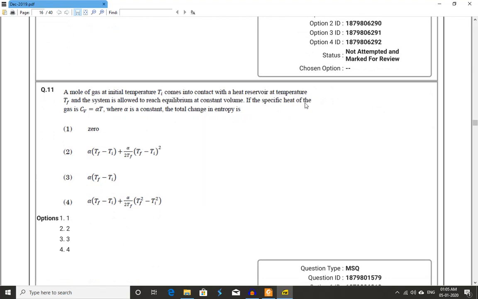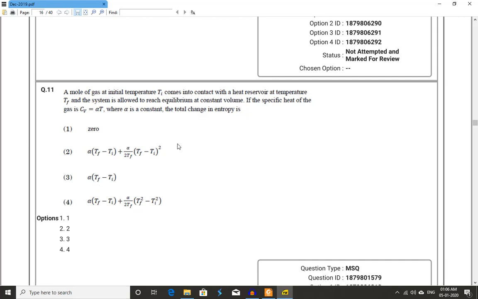Here also some people are saying there are confusions, but I don't think there is a confusion. Just one point you missed: nowhere in the question has the gas been stated to be ideal. If the gas is not ideal, when you take the total change of entropy, you just cannot say C_V dT by T and integrate to get option 3.